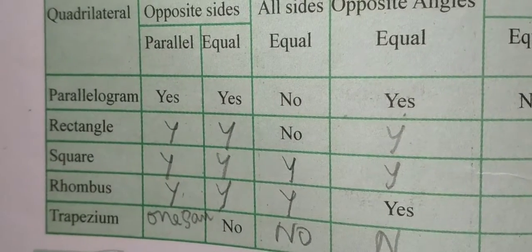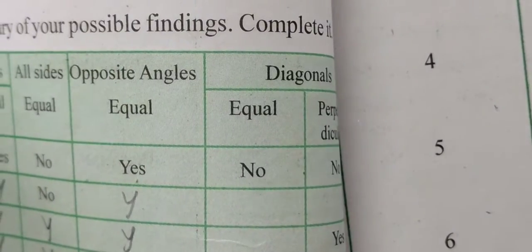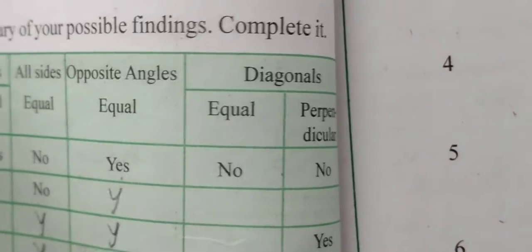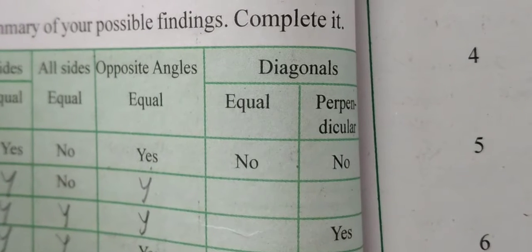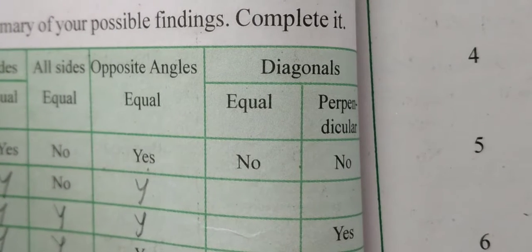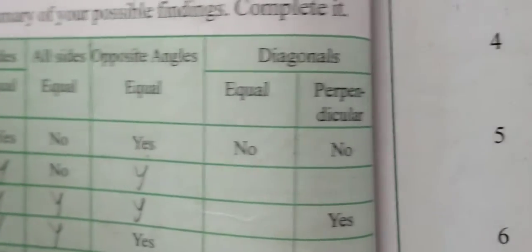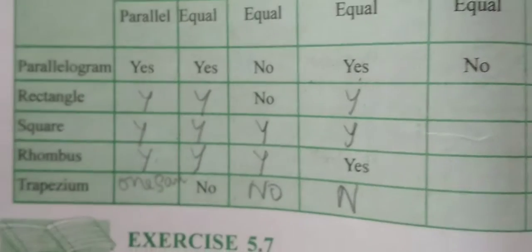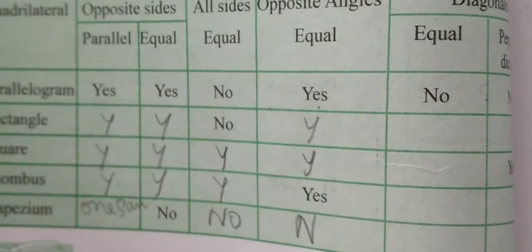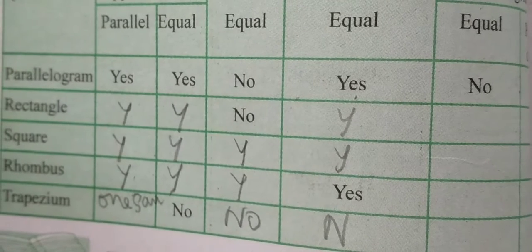Okay? And when we talk about the diagonals, you know what diagonals are. When opposite vertices are connected by a line segment, they are called diagonals. Every quadrilateral has two diagonals. And let's see, diagonals are of equal measure in which?